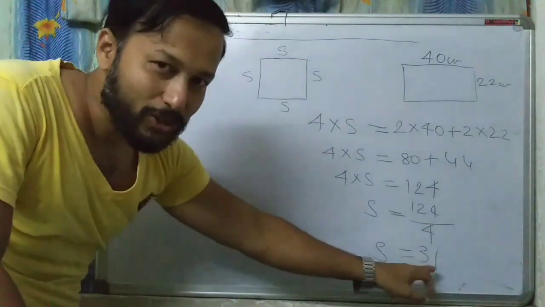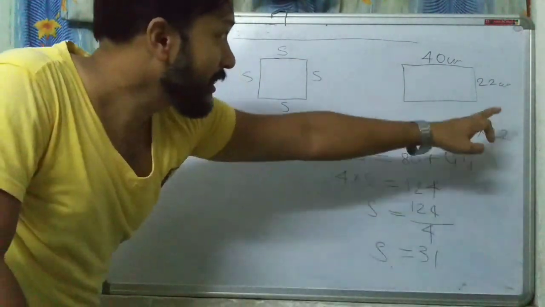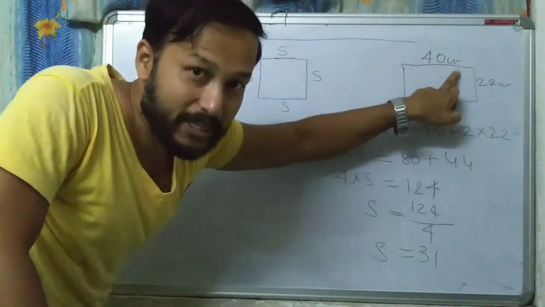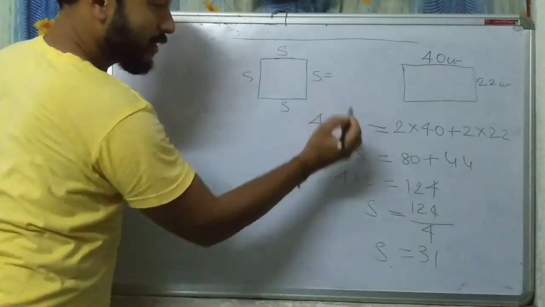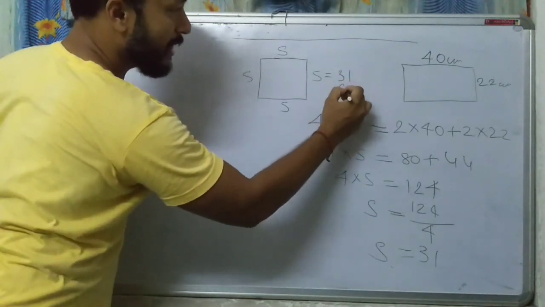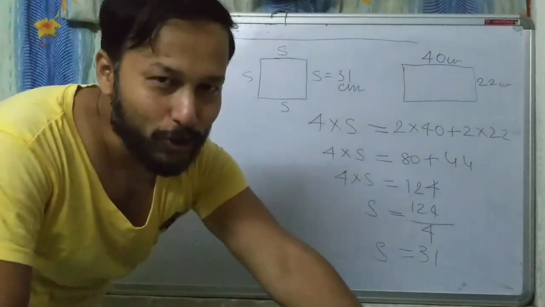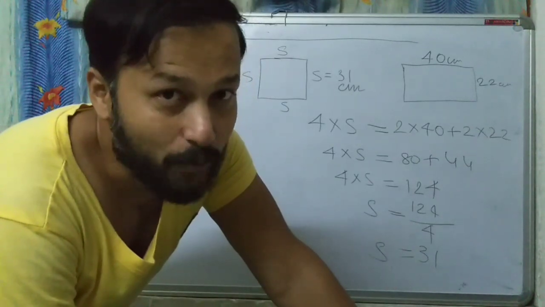So side of the square is 31. These are in centimeter, so side of the square is 31 centimeter.